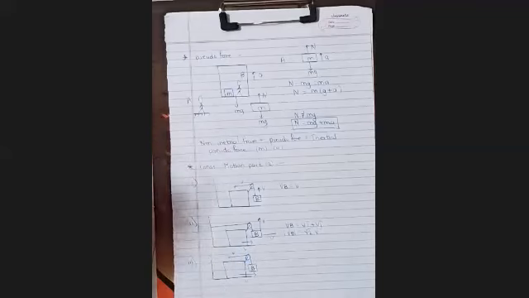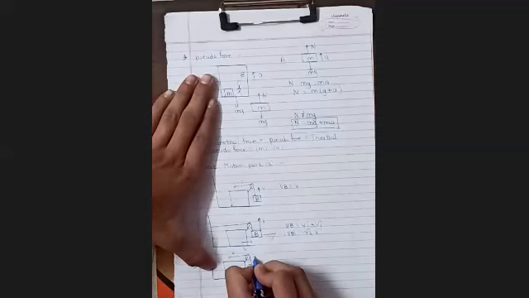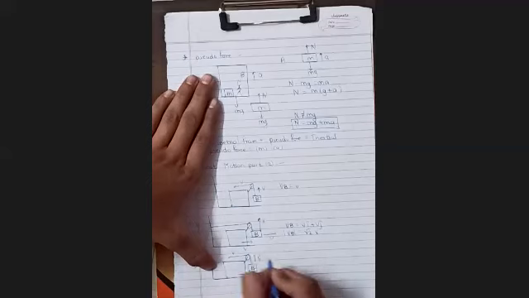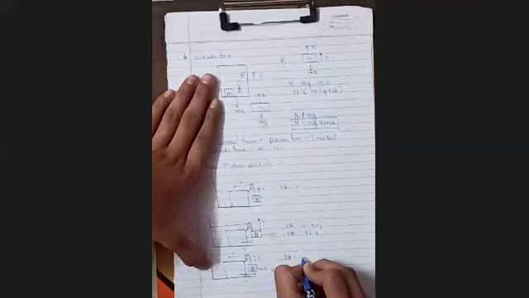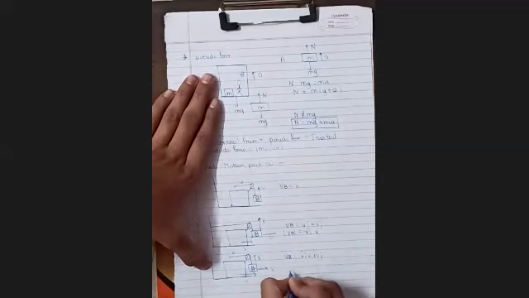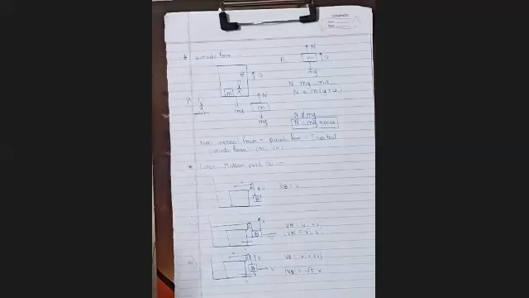So we have to find the velocity of block B. Here, because of the big block, there will be velocity v in i cap and velocity v in j cap. From here we get the velocity of block B equal to v i cap plus 2v j cap. If we take the magnitude, we get root 5 into v as the velocity of block B.